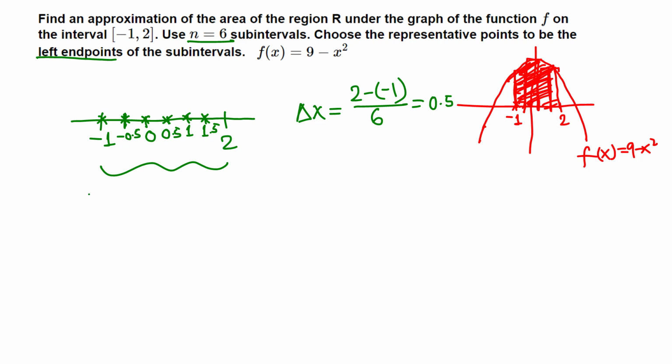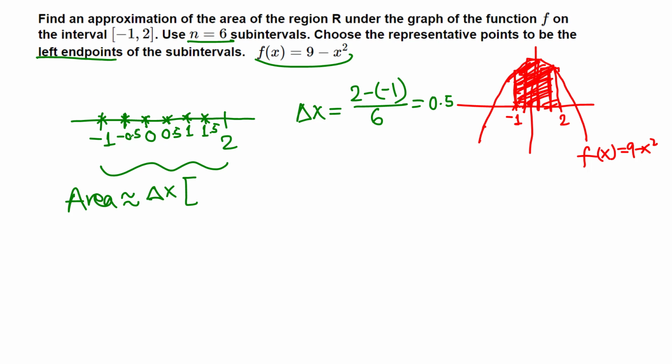So the area will be approximated by delta x, that's the equal width, times height. Delta x times the height of each rectangle. So the height is given by the function.